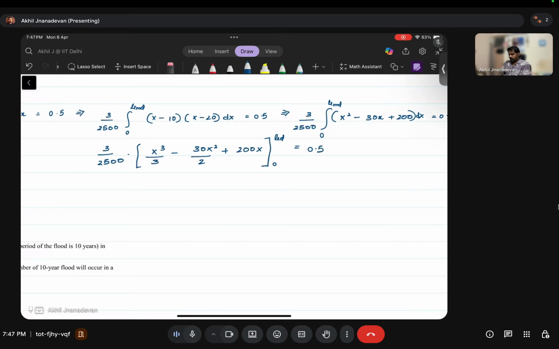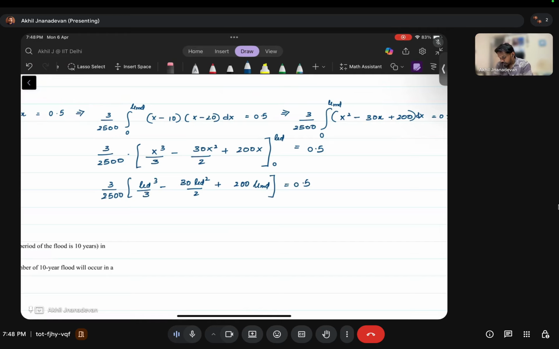So it is direct substitution now, that is 3 by 2500 mu D cube by 3 minus 30 mu D square by 2 plus 200 mu D is equal to 0.5. The zero terms will be cancelled.